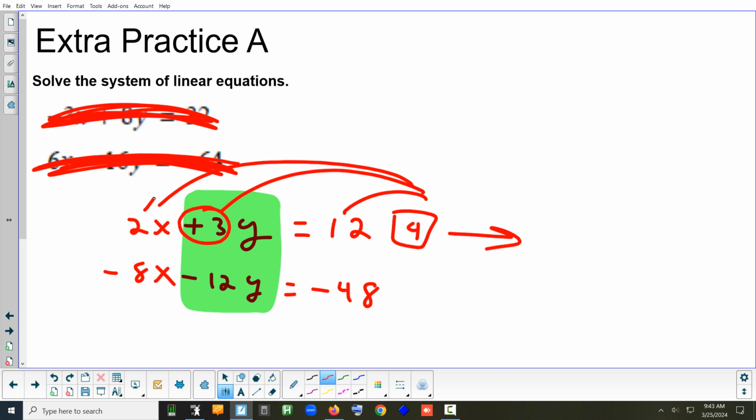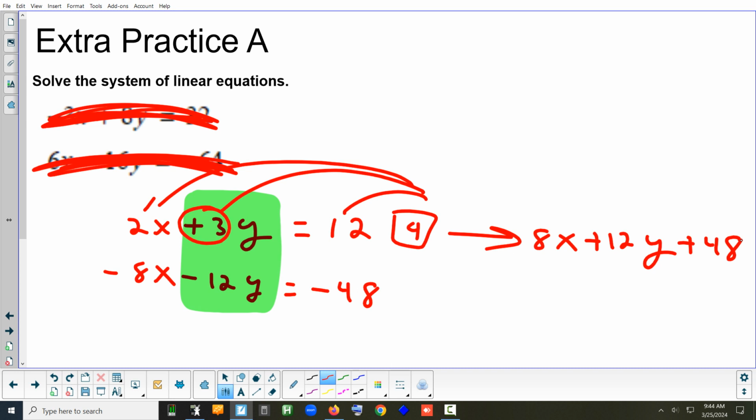What's 2x times 4? 8x. What's 3y times 4? 12y. And what's 12 times 4? 48. Did we multiply the bottom equation by anything?